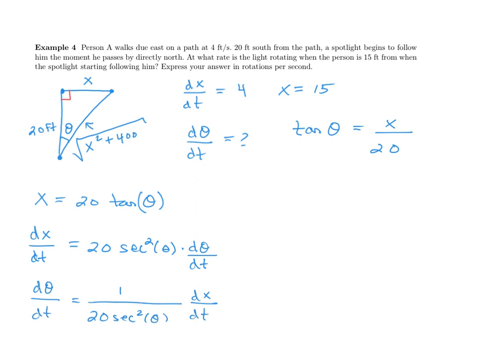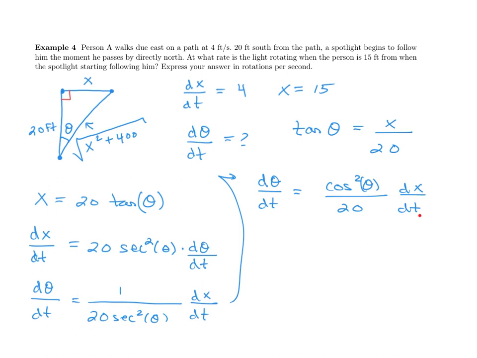And secant is the reciprocal of cosine. That's the same thing as just having a cosine squared in the numerator. I'll put it over here like this. dθ/dt is equal to, this is really cosine squared theta over 20 times dx/dt.